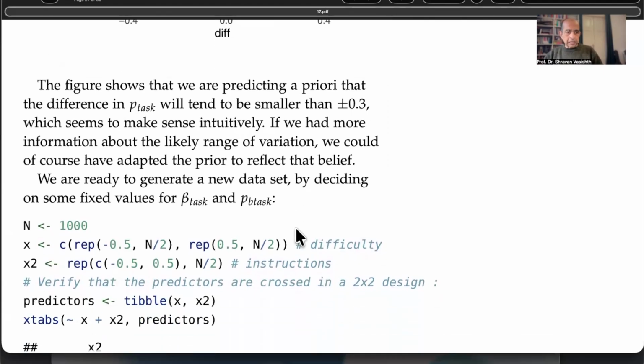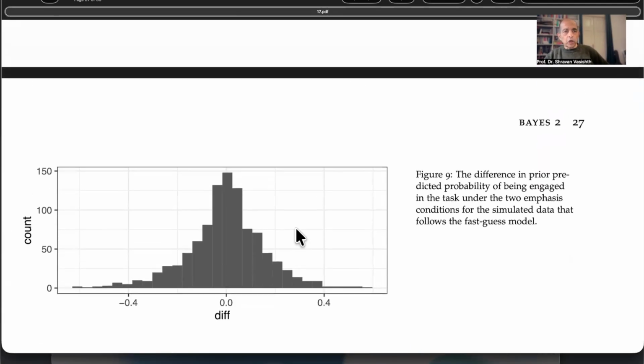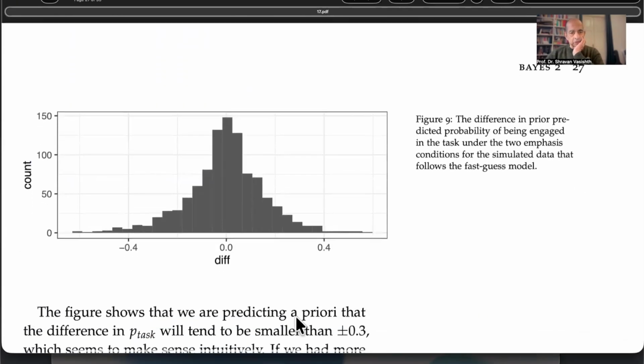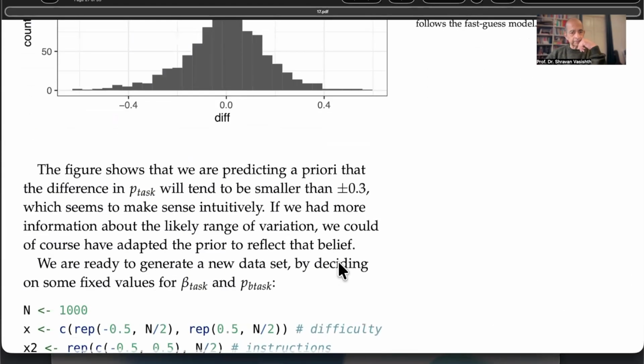Okay, so that was just a sanity check to see what the purpose of this simulation was, because it's not obvious when you look at the prior specifications what that would mean in terms of the difference between easy and hard task probability of engagement. So that's why this simulation was done, just to see if these priors are reasonable. They are not totally insane. Okay, so that's what you see here, that it's not too crazy.